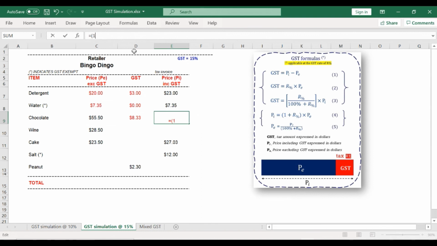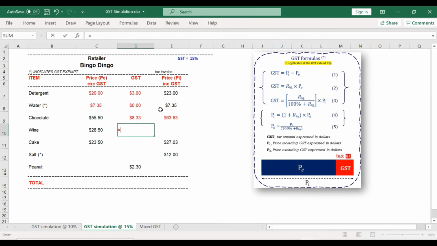So 1 plus the rate being F2, then close bracket, and then multiply the whole lot by the price excluding GST, which is C9. Okay, now it's $63.83.